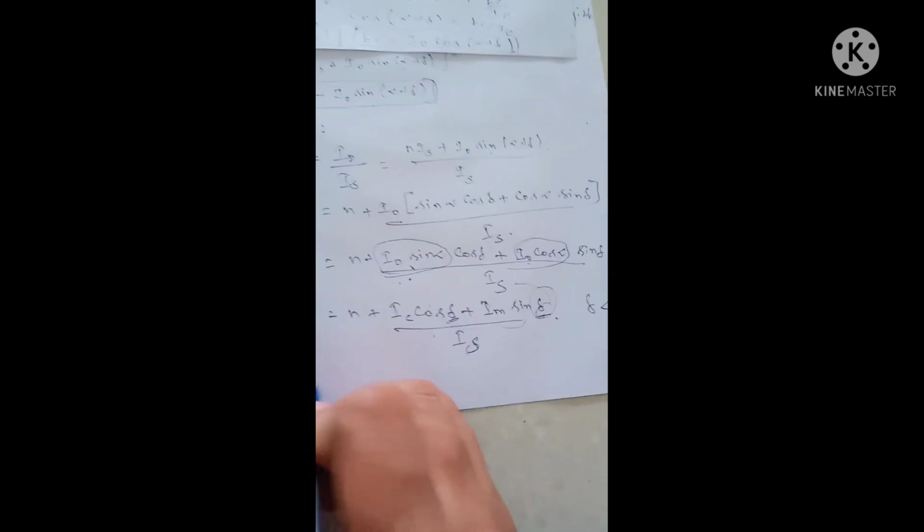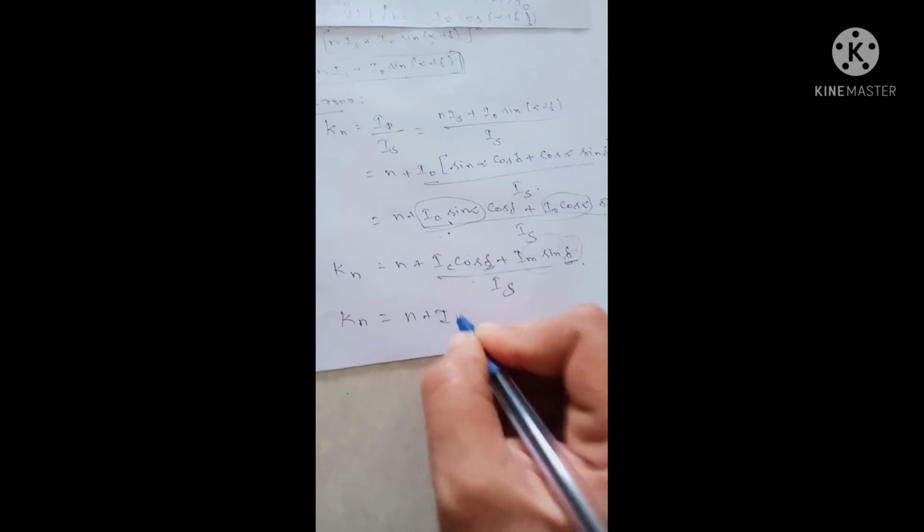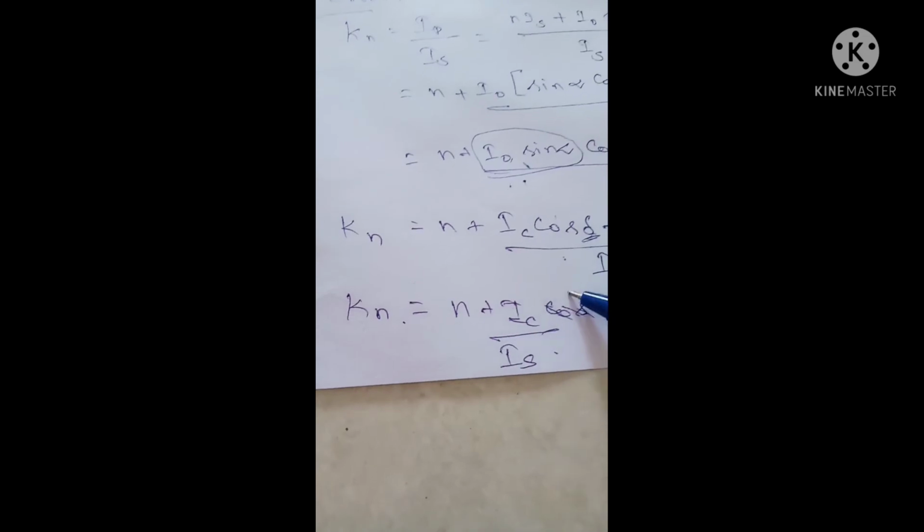So we can eliminate this entire term, so Kn will be equal to n plus IC by Is. So we could obtain Kn is equal to n plus IC by Is. In general, the ratio should be K is equal to n.